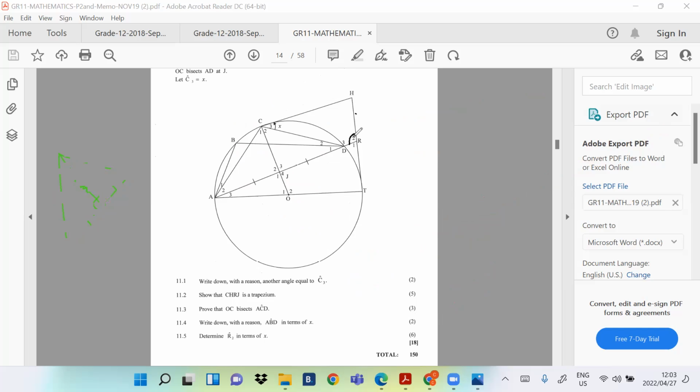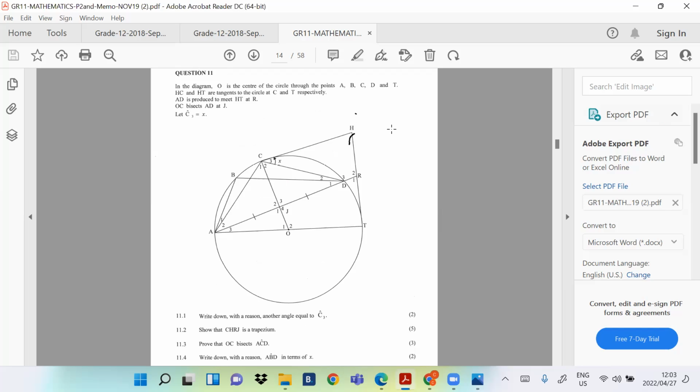It's on a tangent, but it's not really helping, so what else did they give us?